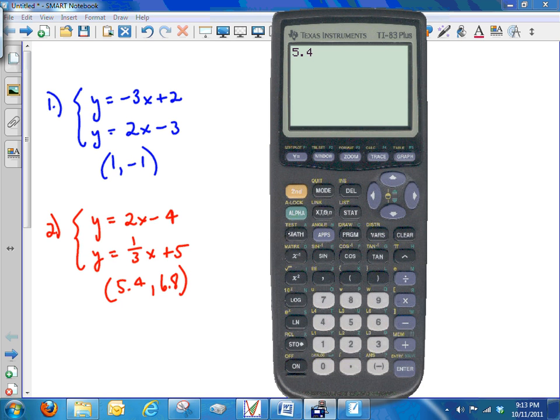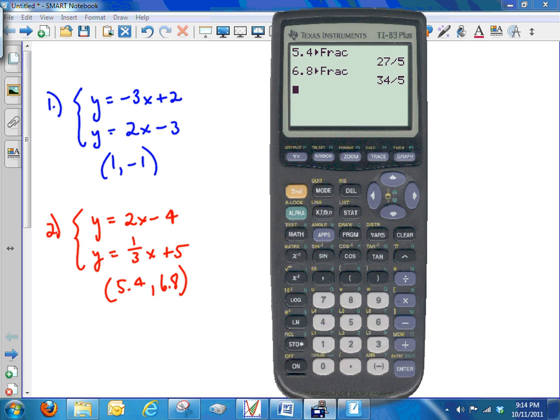And then I'm going to go to the math button, which is in the upper left column here, math. And I would like to change that decimal to a fraction. So I'm going to press enter on number 1, which says FRAC, fraction. 27/5. And let's do it with 6.8: math, fraction, and 34/5.